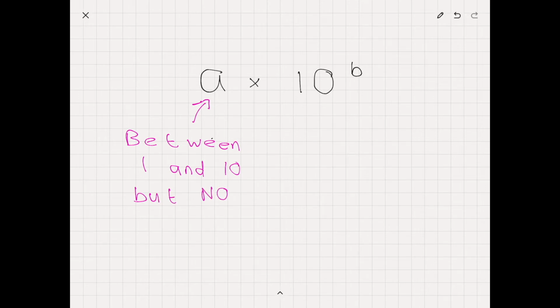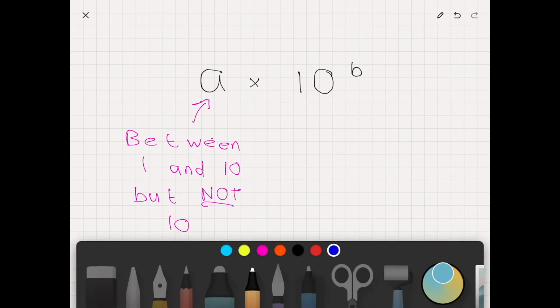So we can't have 10, but we can have 9.999999999. That's fine. However, if we have 10, we need to do a special trick, which I'll show you later on, where we turn that 10 into a 1, and it changes our eventual b value.